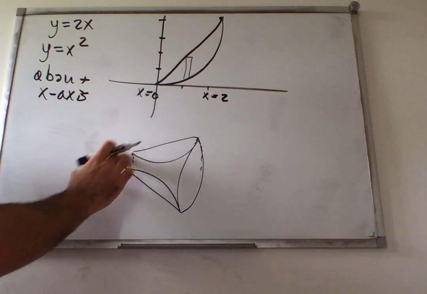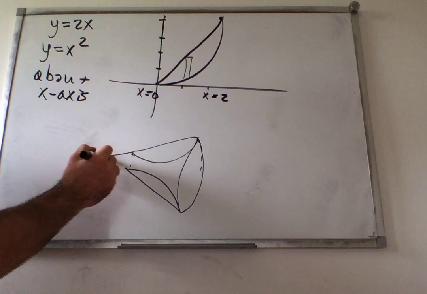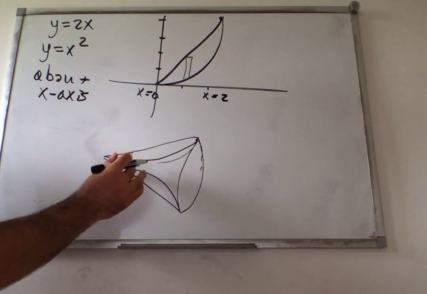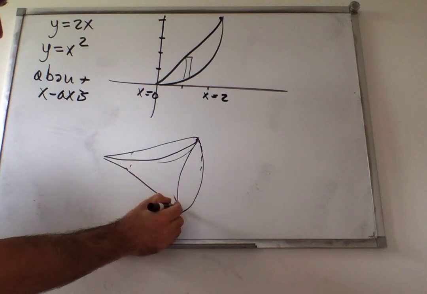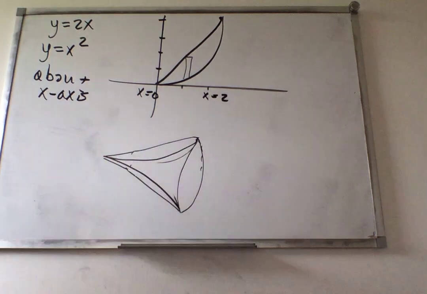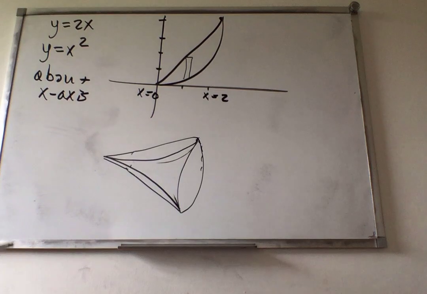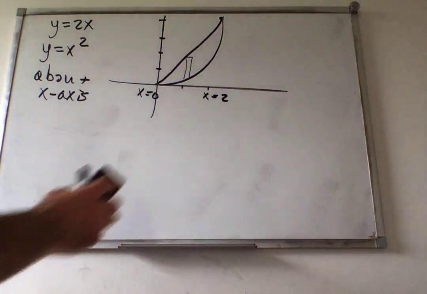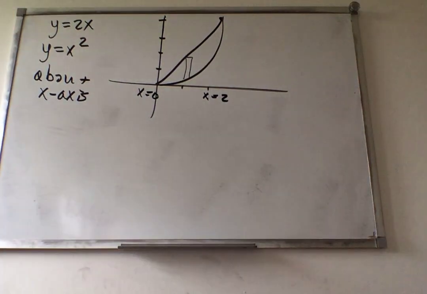Oh, that comes down to a point, not a circle. Again, the drawings of these are really bad. Probably want a computer to do the drawings.